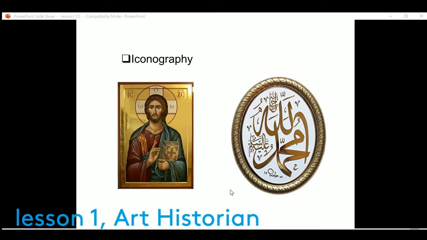And if you go to a Muslim house, you will find they put up calligraphy. This is what we call iconography, because you feel more protected if you have religious paintings and calligraphy, like God is always with you, this kind of thing.